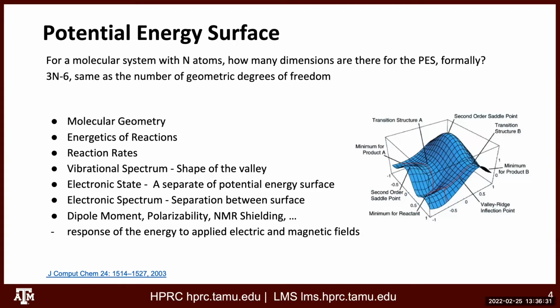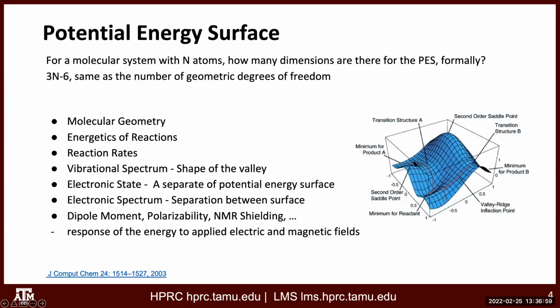Because the absolute coordinates, the position of the atom, don't really matter. When we talk about a molecular system, it's the relative position of the atoms that matters. That's why it's 3N minus 6 for a molecular system that has 3 or more atoms.